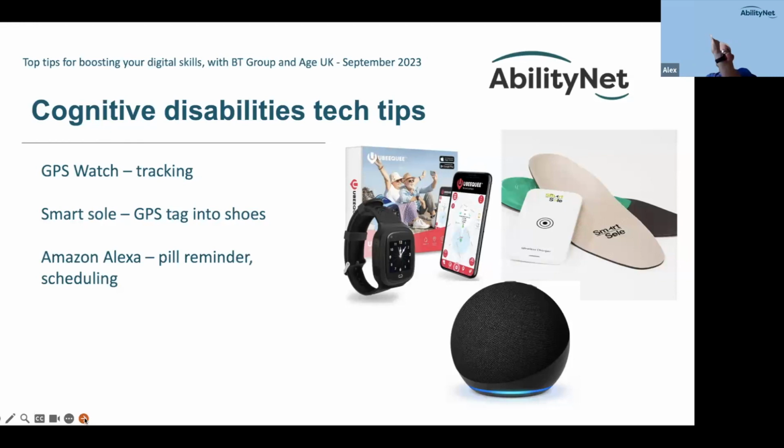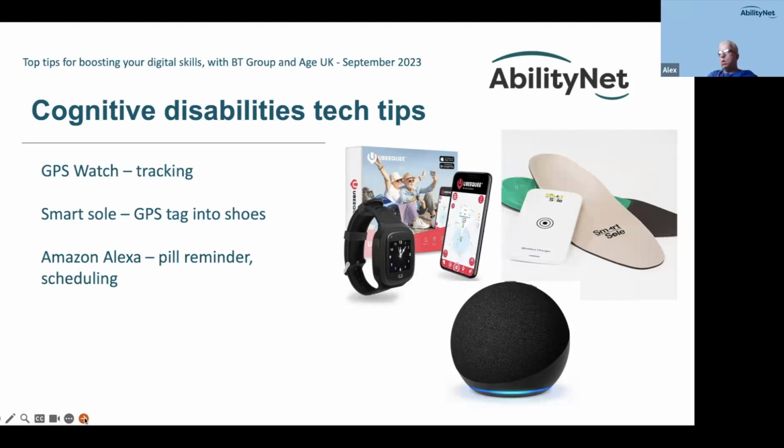But of course, this requires them to have the watch on. Sometimes people will leave it in their bedroom or whatever, but you can put a Smart Sole GPS tag into your shoes or trainers, and it will tell you where your loved one is.